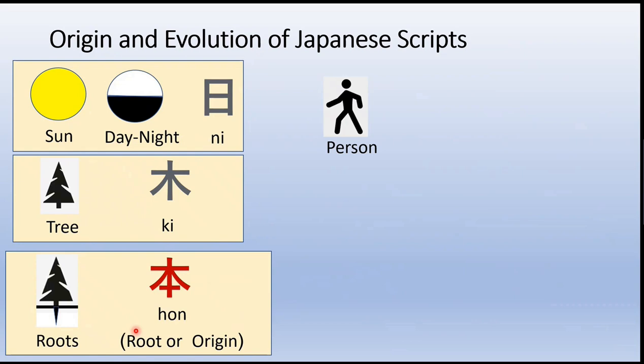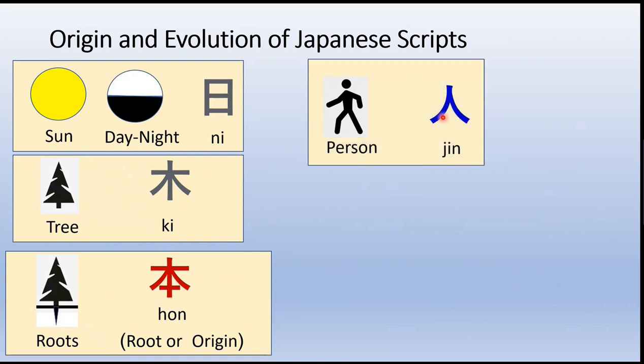Then we have person, and the corresponding kanji is jin. Jin is person in Japanese, and as you can see, the shape of this person is nothing but this, and so this is the pictogram of a person, jin. So now what do we get from all these? We have ni for sun, hon for the origin or root, and jin for the person.